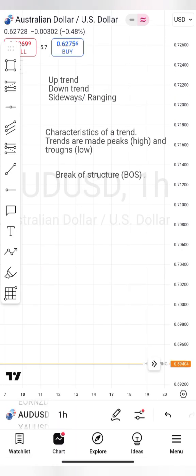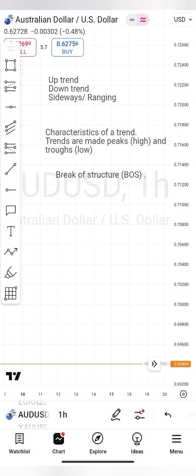Okay, so what do you mean by break of structure? When you hear break of structure, your mind easily goes to, okay, this is the structure, and then there's something that is breaking it. It's not supposed to be that complex. It's basically just what it is. There's an established structure and there's something that is breaking it.